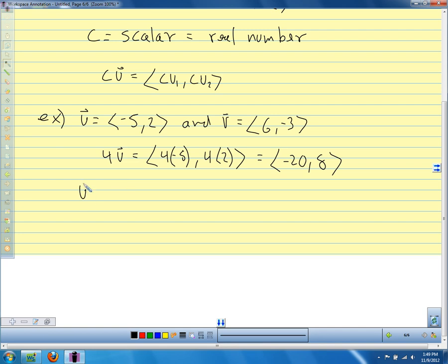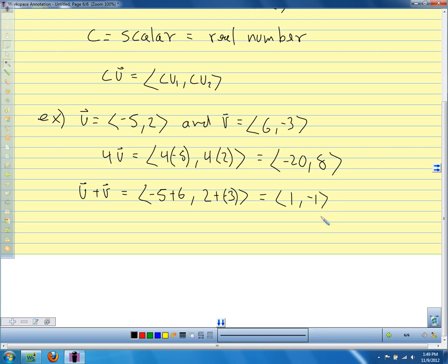u plus v is the vector negative 5 plus 6, 2 plus negative 3. And I get the vector 1, negative 1.